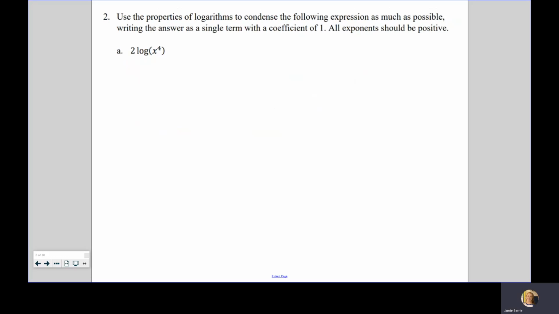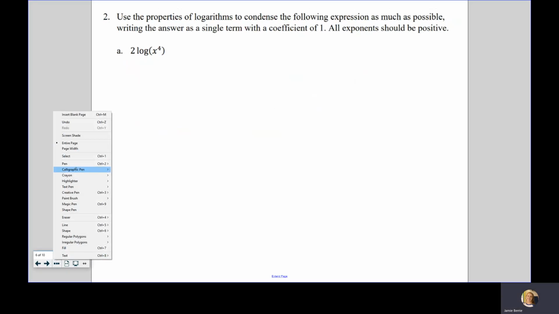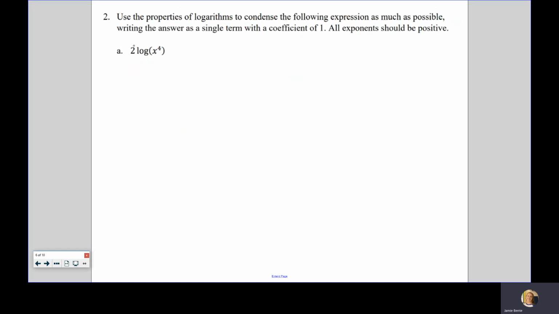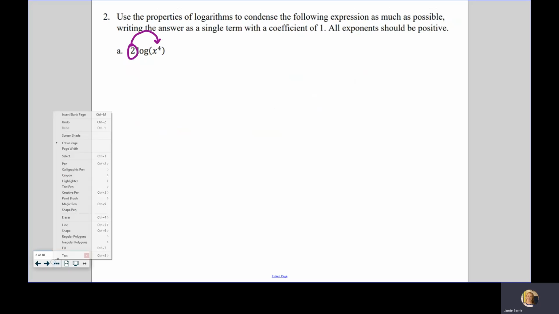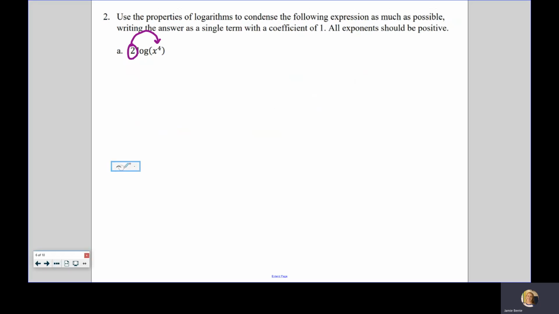All right, so here we have a really basic one, 2 times log of x to the 4th. We're sort of using the rules in reverse this time. So if you have a coefficient out front, we know that the power rule tells us that that coefficient can go inside of the argument, and it becomes the exponent.